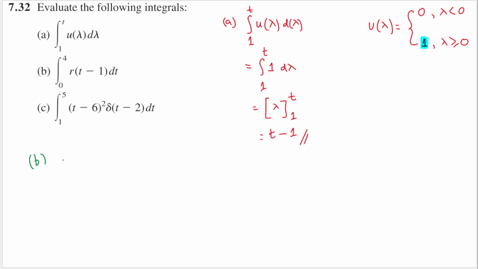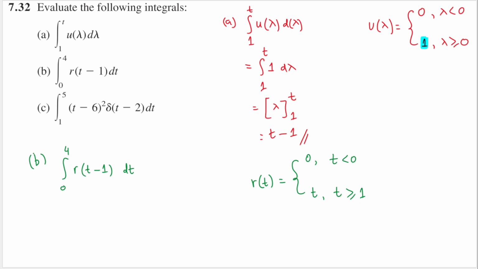We will have the integral from 0 to 4 of r(t minus 1) dt. Now let's remember that r(t) is a piecewise function here. It will be 0 when t is less than or equal to 0, but it will be t when t is greater than or equal to 0.